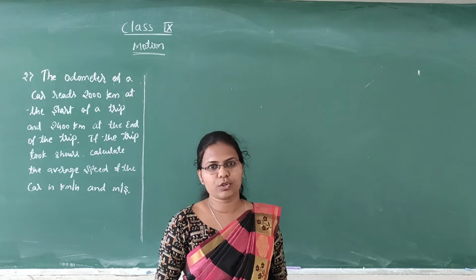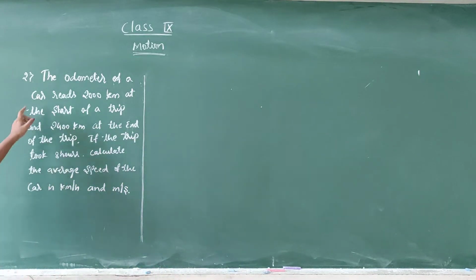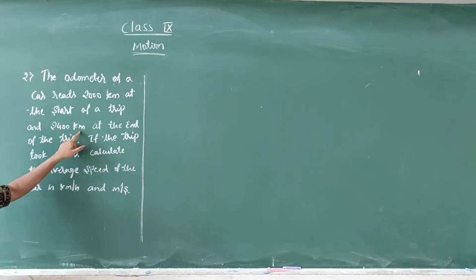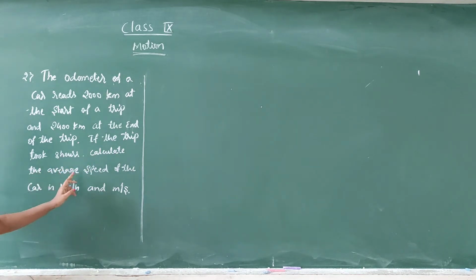Okay. So next question. The odometer of a car reads 2000 km at the start of the trip and 2400 km at the end of the trip. If the trip took 8 hours, calculate the average speed of the car in kilometer per hour and meter per second.